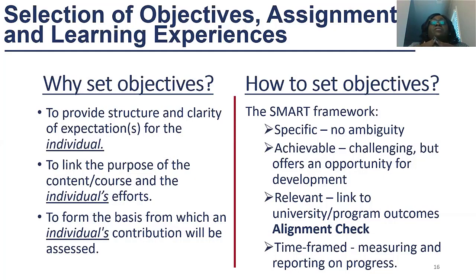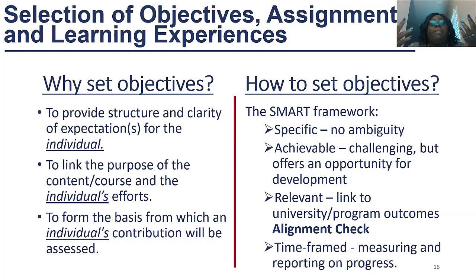And we set objectives to form the basis from which an individual's contribution will be assessed. So I want you to notice the reoccurrence of the word individual. When we keep talking about the individual, we're talking about the student. So objectives allow us to craft a student-centered learning environment.